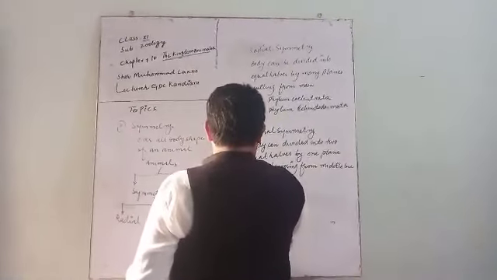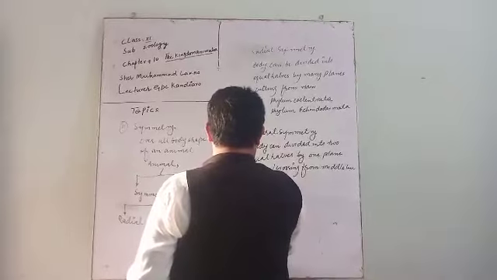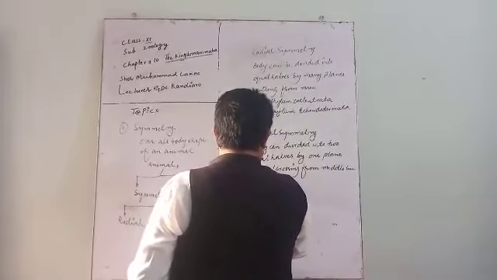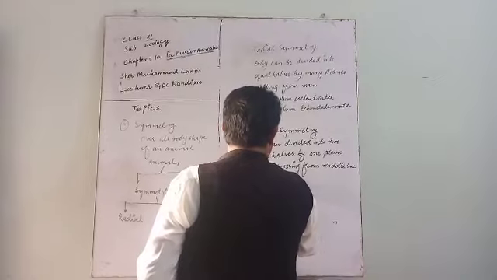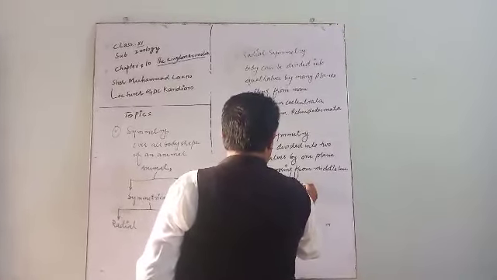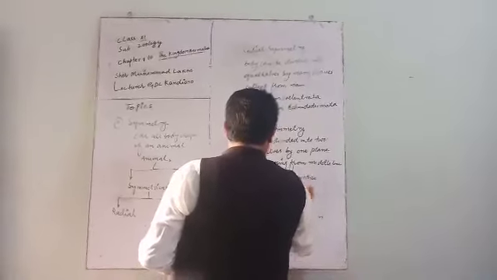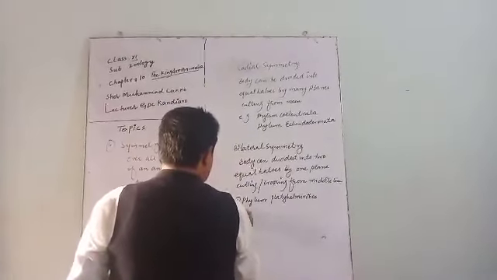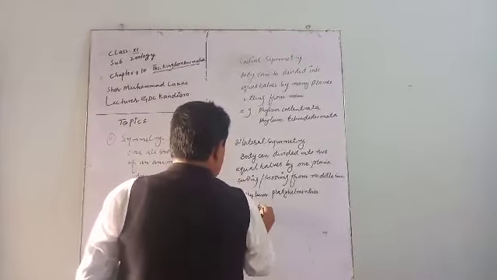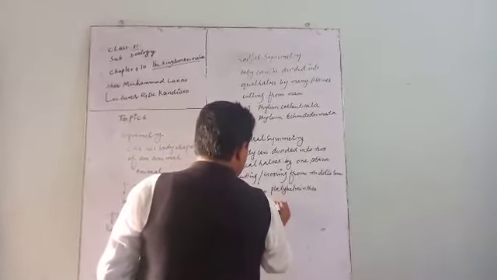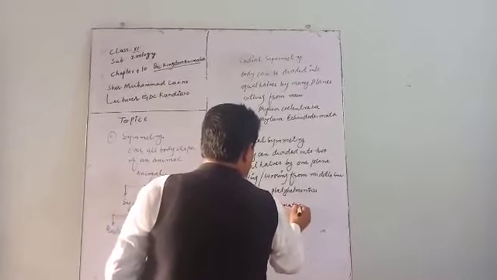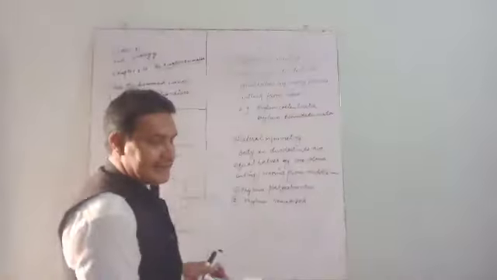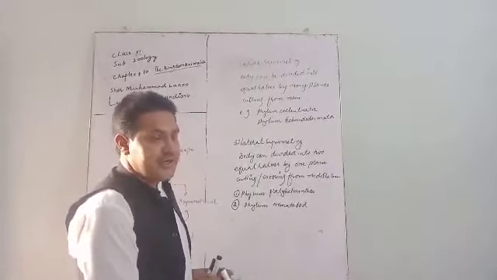Examples of bilateral symmetrical animals are: number 1, phylum Platyhelminthes; number 2, phylum Nematoda; phylum Annelida, phylum Mollusca, phylum Arthropoda, and phylum Chordata.